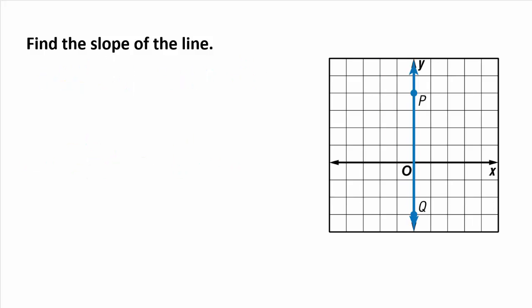Now we've got line PQ with point P, which is going to be 0, 4, and Q, which is 0, -3. Again, we're going to label our points x1, y1, x2, y2.